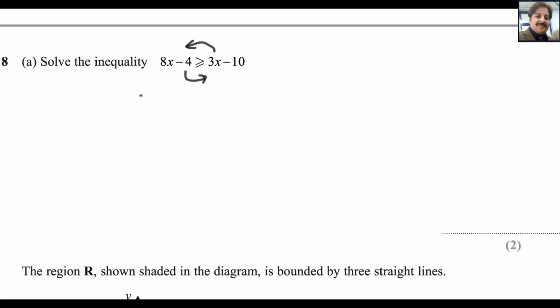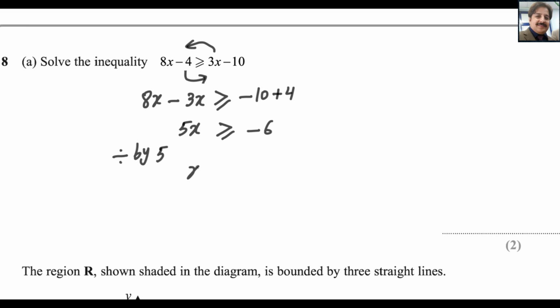Plus 3x becomes minus if you bring it to the other side of the inequality, so it will be 8x minus 3x, and it will be greater or equal. Negative 4 goes to the right side, it becomes plus 4. 8x minus 3x will be 5x, should be greater or equal to negative 6. 5 is a positive number, so you will divide by 5, and the inequality remains the same. So x is greater or equal to negative 6 over 5.